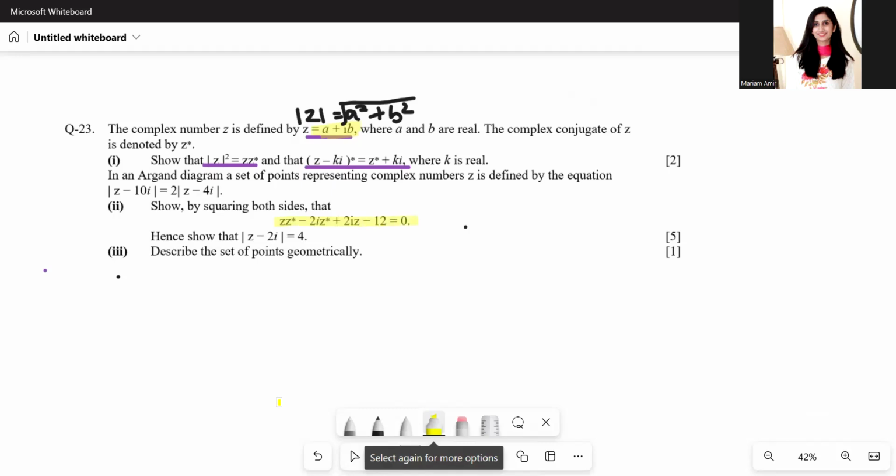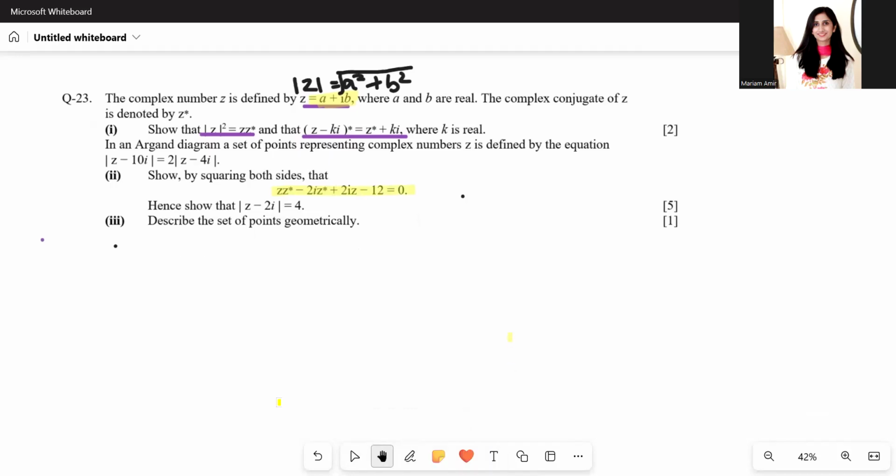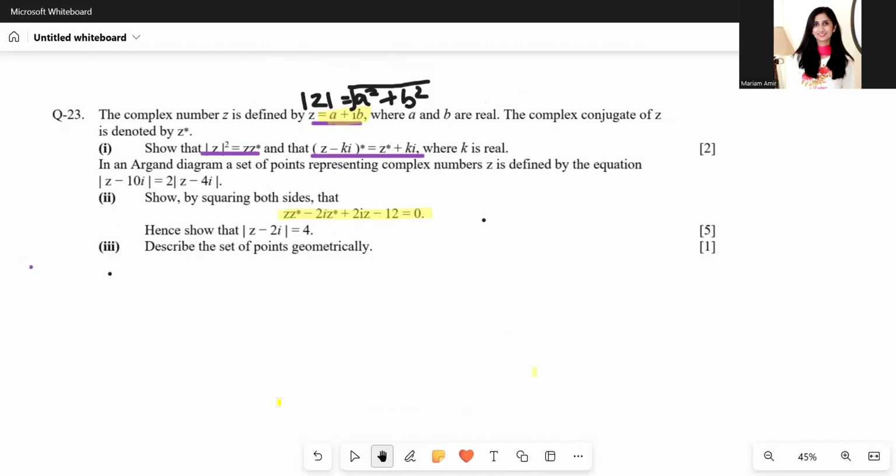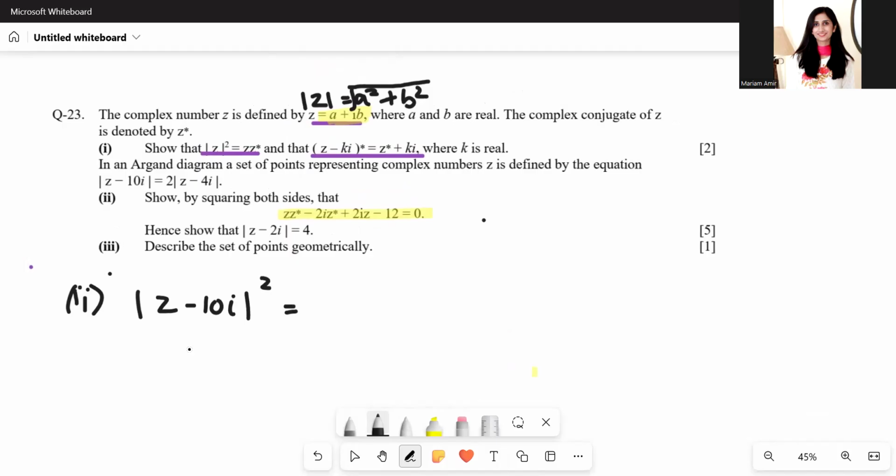Since they're telling us to start by squaring both sides, let's do that. So we square modulus of z minus 10i, which equals 4 times modulus z minus 4i whole squared.